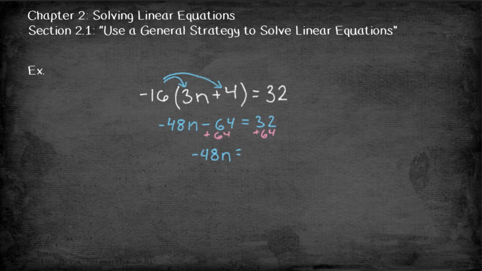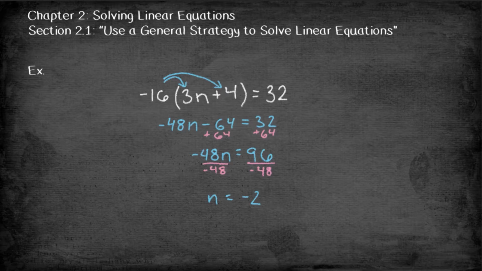And 32 plus 64 gives me 96. Last step is to divide both sides of the equation by the coefficient of the variable, which is negative 48. And finally, we have that n is equal to whatever 96 divided by negative 48 is, negative 2.